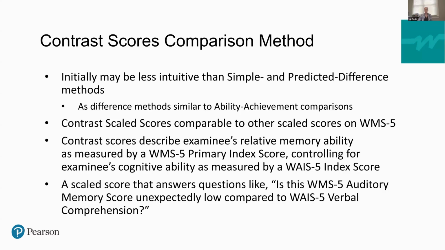A contrast scaled score describes an examinee's relative memory ability as measured by a WMS 5 primary index score, controlling for their cognitive ability as measured by a WAIS 5 composite score. So they answer questions like, is this WMS 5 auditory memory score unexpectedly low given the client's WAIS 5 verbal comprehension score?